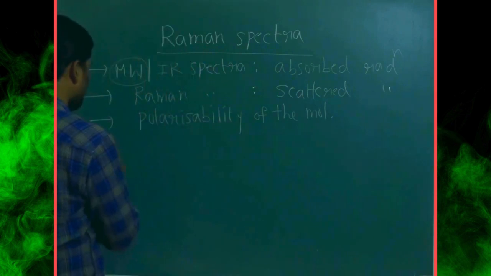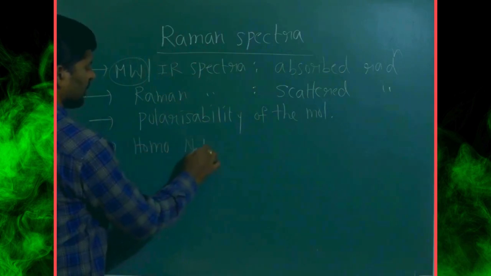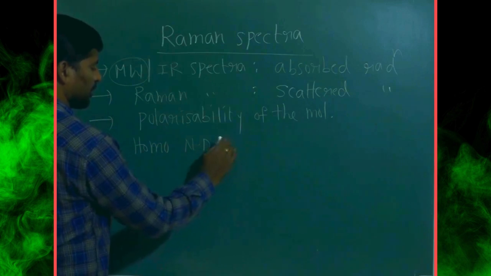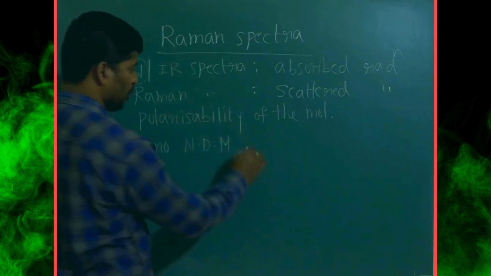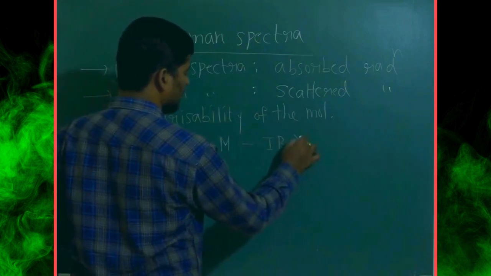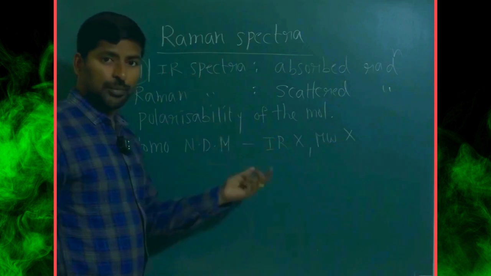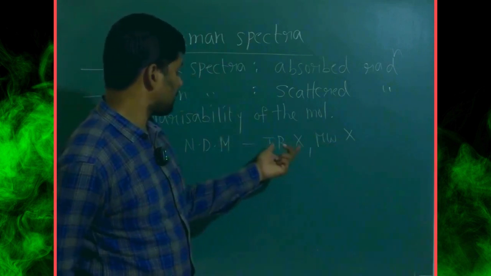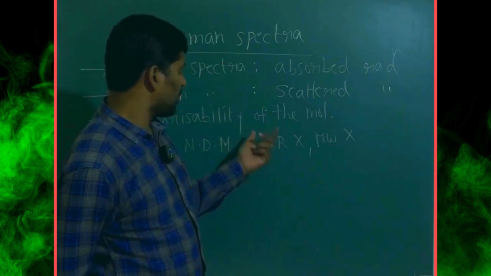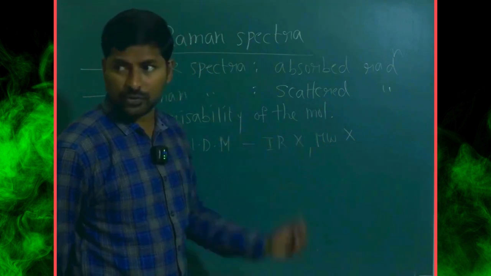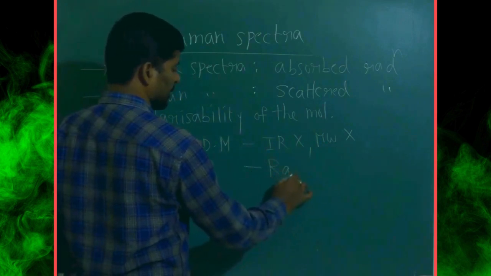So we discussed homonuclear diatomic molecules. This question is given in various competitive exams. Homonuclear diatomic molecules are both IR inactive as well as microwave inactive. So the information corresponding to homonuclear diatomic molecules we cannot get by either microwave spectroscopy or IR spectroscopy, but they are Raman active.